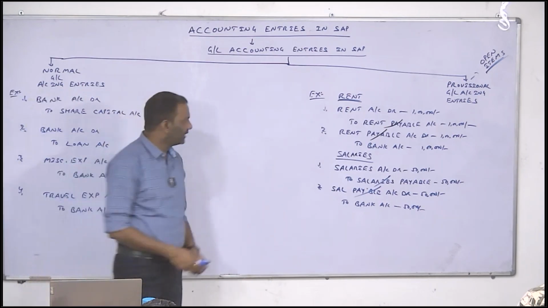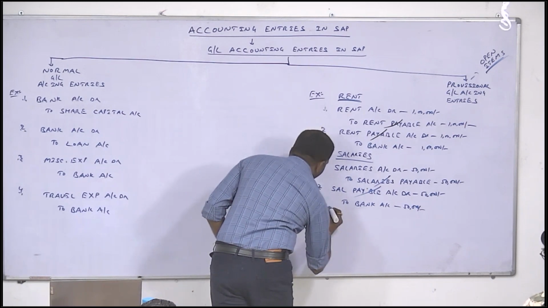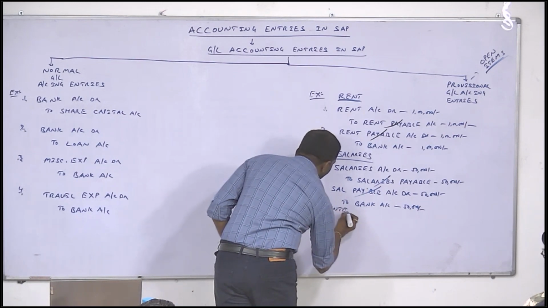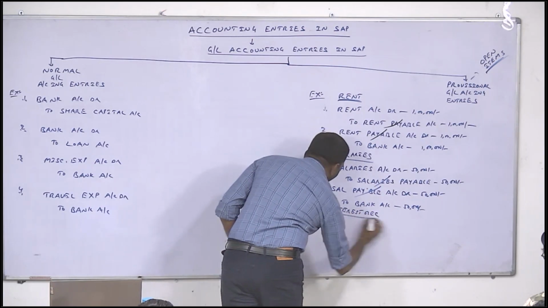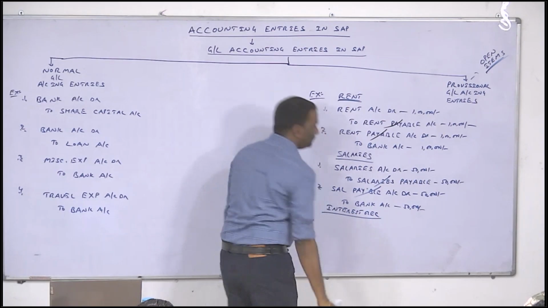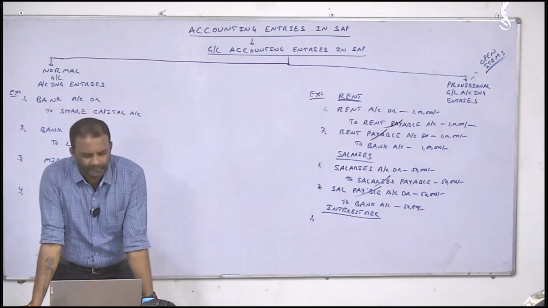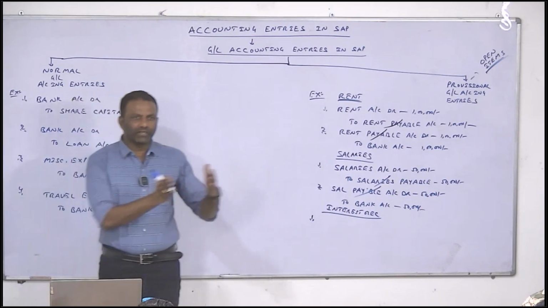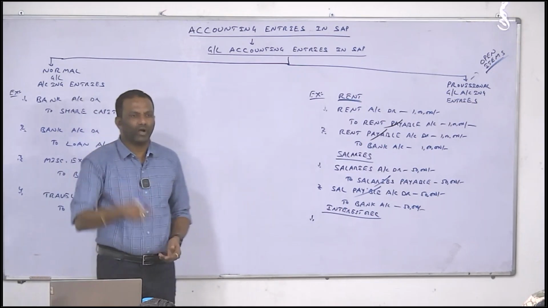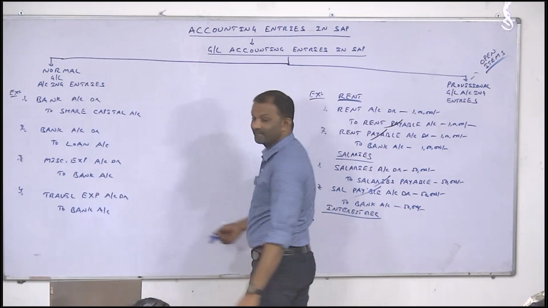Then what accounting entry should I post? Interest received. Forget about provision. If you receive interest, what is the accounting entry? Bank account debit to interest account. Now you are not receiving that interest in that month. Now tell me how I should create a provision. Interest receivable to interest account.